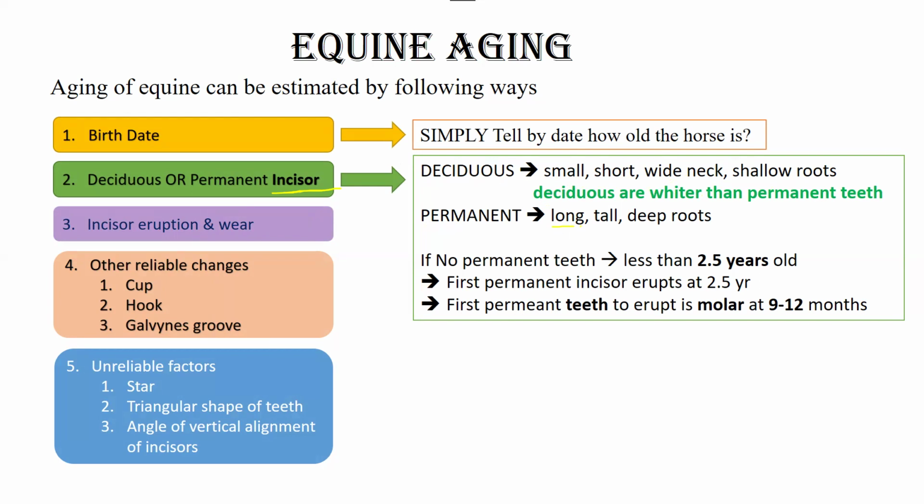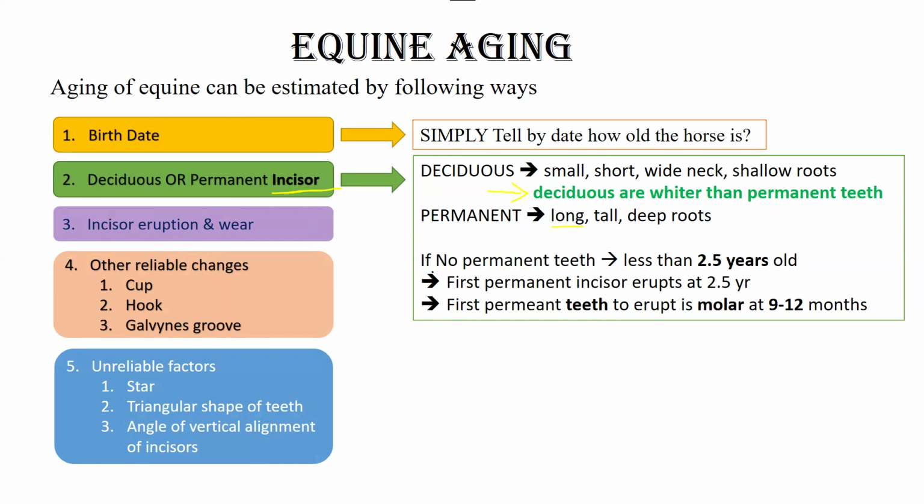Permanent ones will be long and tall, with deep roots. But the most important factor is the line I have written in green: the deciduous are whiter than the permanent teeth. So first you will see whether the incisors are deciduous or permanent.